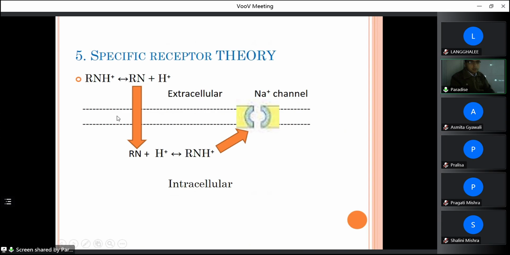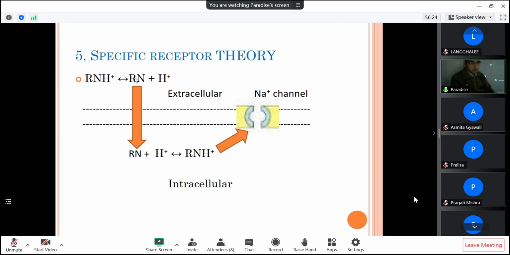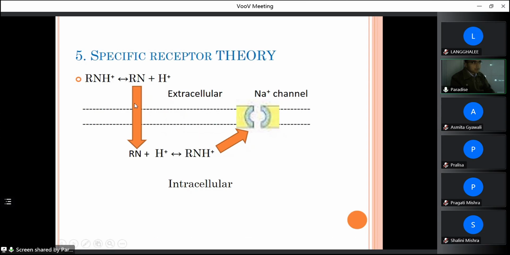And as you know, all the membranes are made up of phospholipid. So only the molecule which is unionized will enter inside the cell, because the ionized molecule could not cross the membrane. So only the RN molecule will enter inside the intracellular compartment.